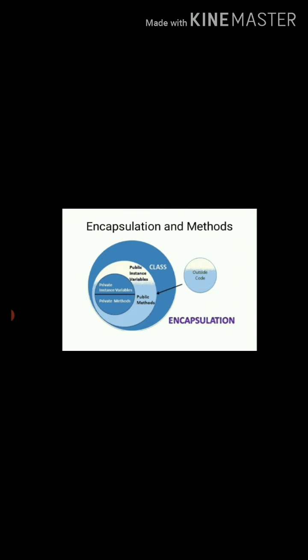Next, encapsulation and methods. The object diagram shows that an object's variables make up the content in the center or nucleus of the object, like primitive or private instance variables, private methods, public instance methods, public methods, class, outside code. So these are three layers.